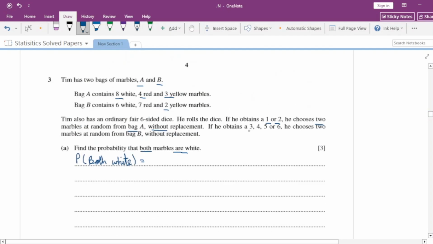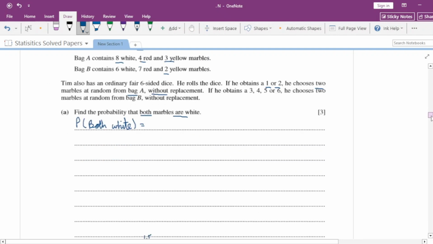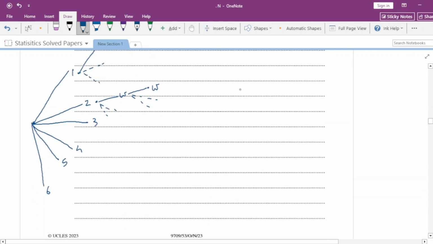Next, we see if he obtains a 3, 4, 5, or 6, he chooses 2 marbles from bag B. All right. So this would be for bag B, two marbles. The same case goes over here. So you can see the pattern we're having. We will have a white, and then we want another white, and the same goes for the 5 white, the 4 white, and the 3 white, each with another white.